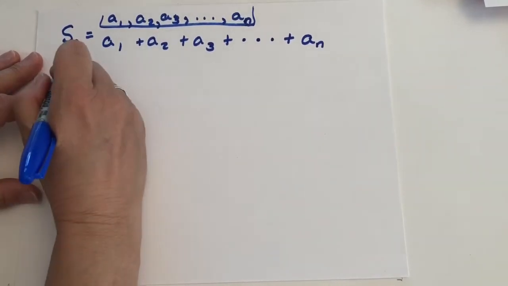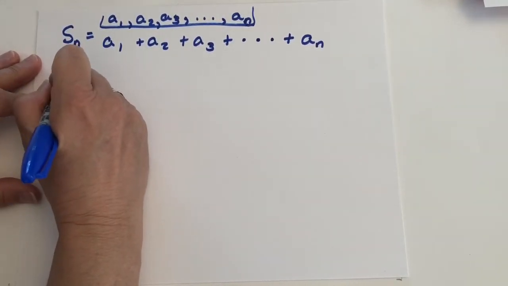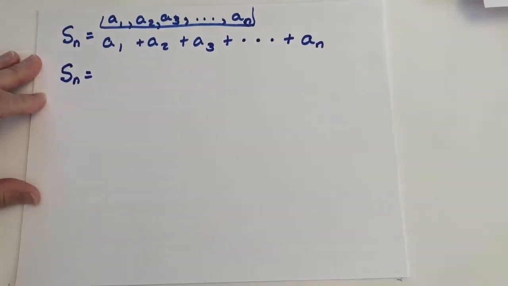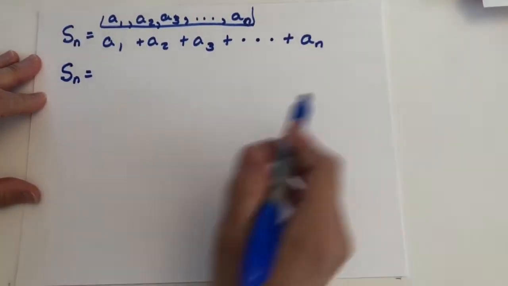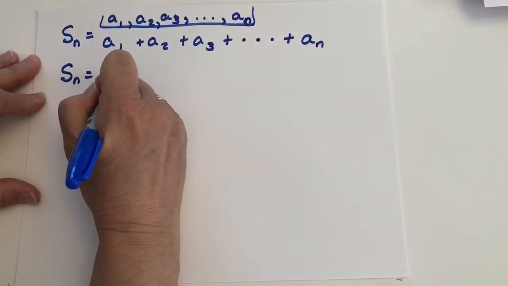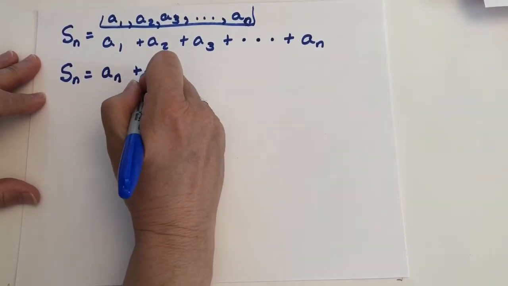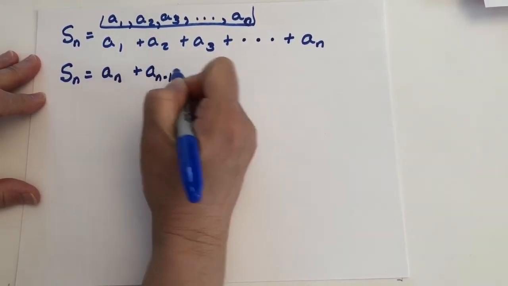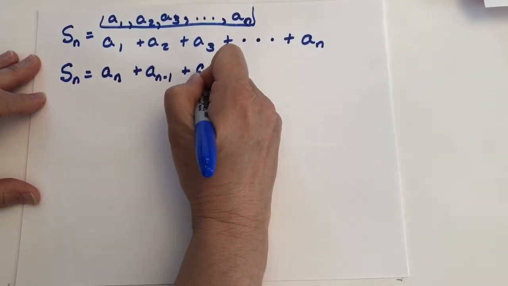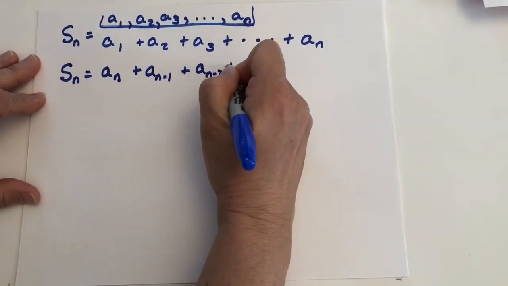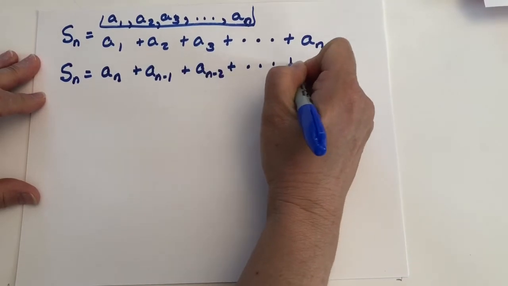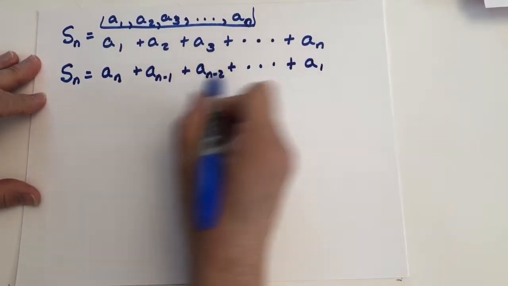Now we're going to write it again, S sub n, and we're going to write it backwards like we did in the previous example. So we have a sub n plus, the term prior to that is a sub n minus 1. The term prior to that is a sub n minus 2. And we keep going until we get to the first term.